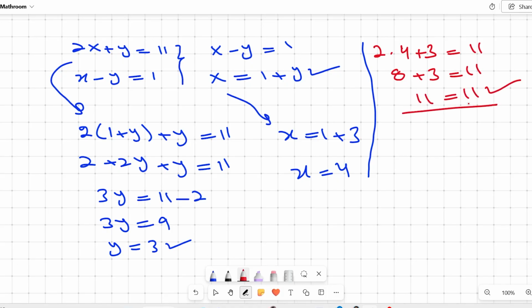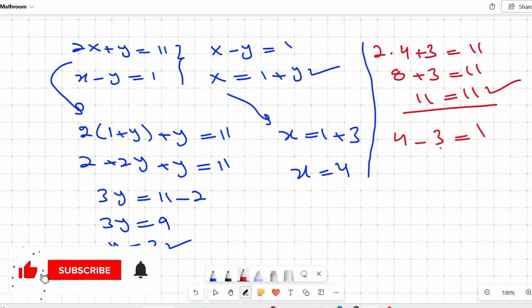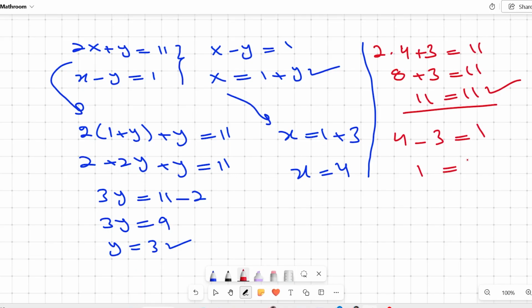That's correct. The next one: instead of x, we write 4, and instead of y, we write 3, equal to 1. 4 minus 3 is equal to 1. 1 equals 1. Yes, that's correct. So it means that we have found the values correctly.